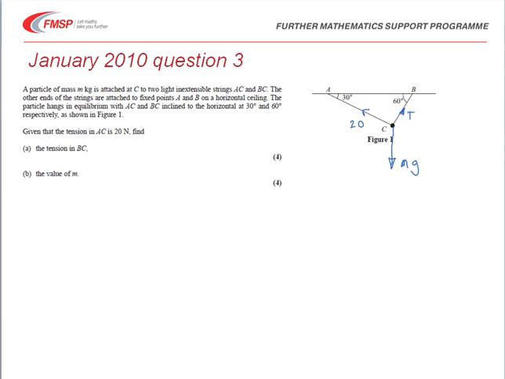If we do that, we have mg acting downwards, and then at an angle of 60 degrees up from there, we have the force of 20, and then T finishes off the triangle, and T is at right angles to the 20, giving us the 30 degree angle at the top.